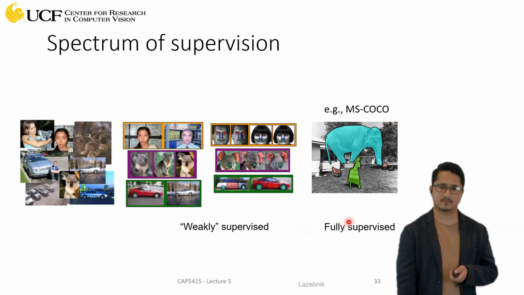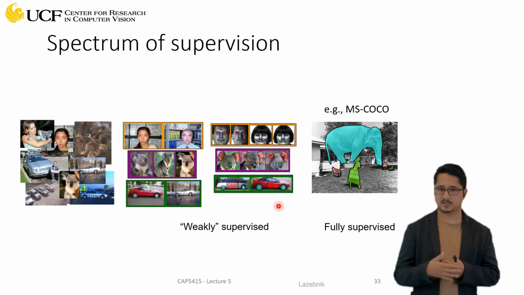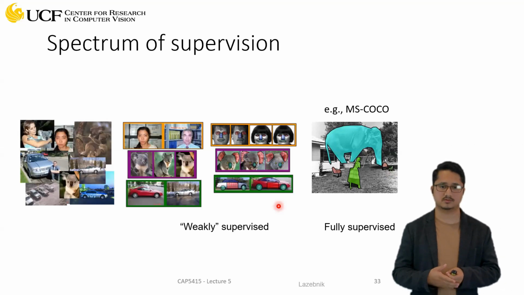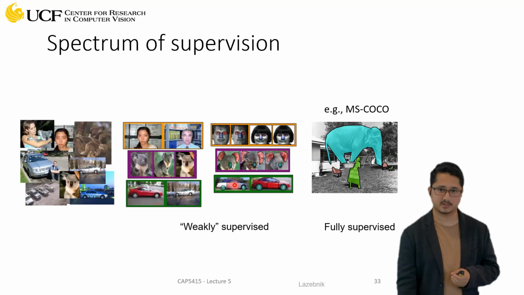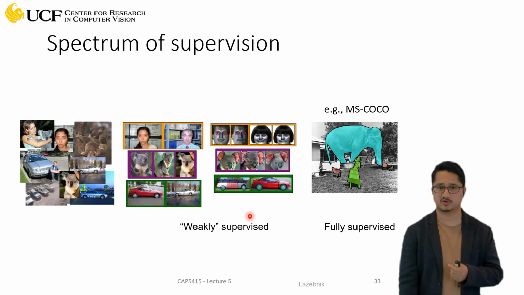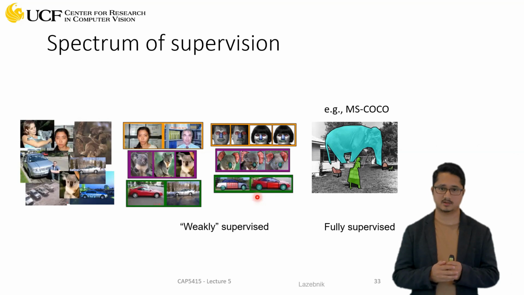Then we can move away from fully supervised to what is called weakly supervised, where even if your network is giving you very fine-grained segmentation results, you might not have that in your ground truth. One example could be that you are doing object detection, but as ground truth, I don't give you bounding boxes. I only give you image labels. I only say that a car is present in this image, but don't tell you where exactly it is. So it's a kind of weak supervision.